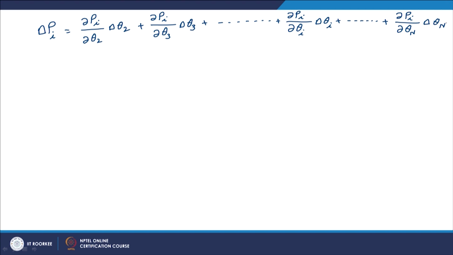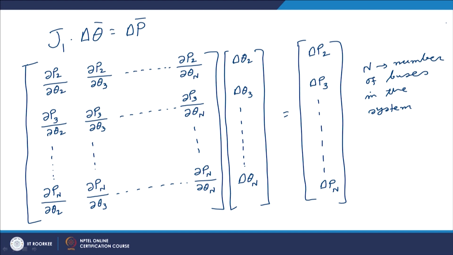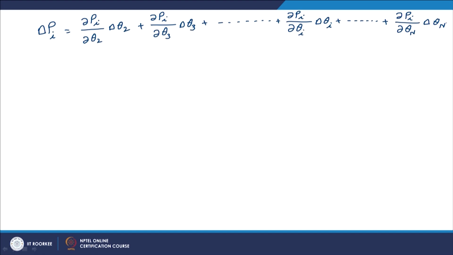This is the expression we get from this matrix if we expand the matrix equation, corresponding to the ith row.